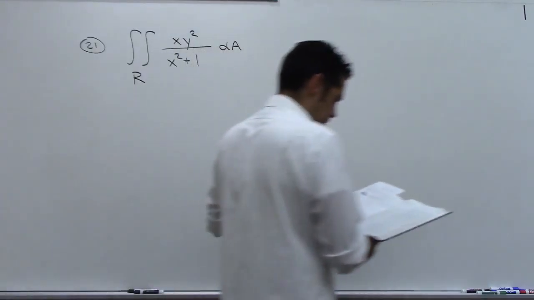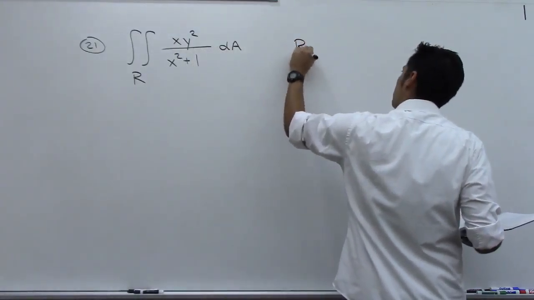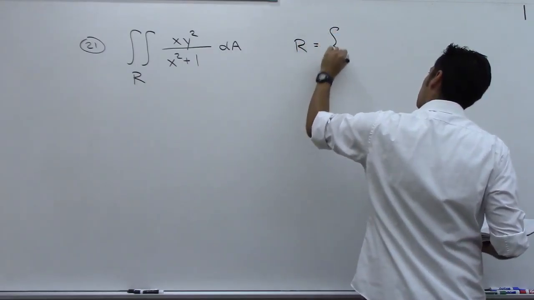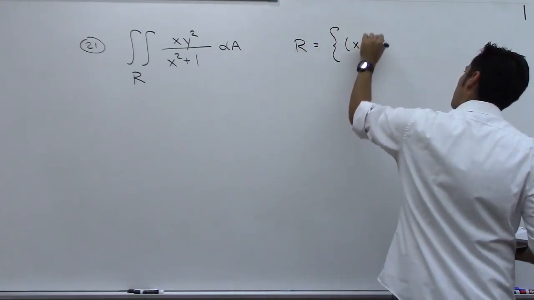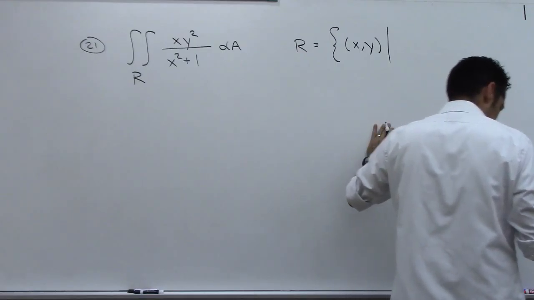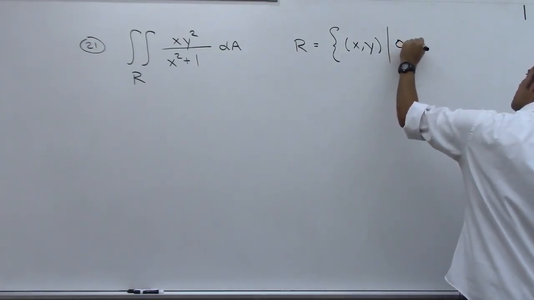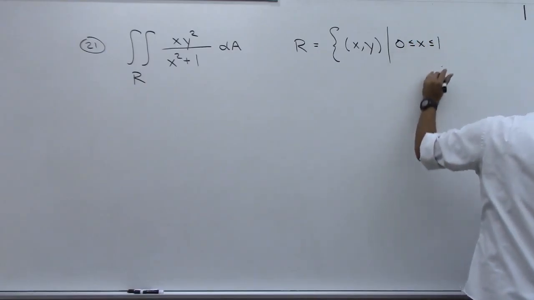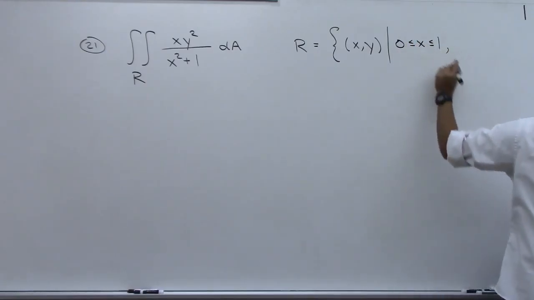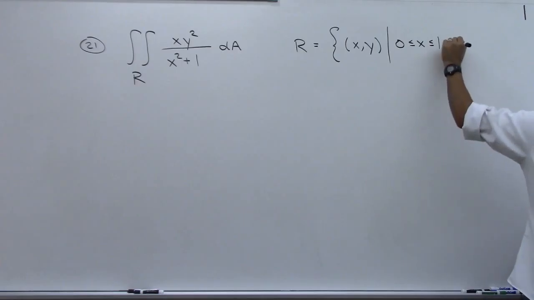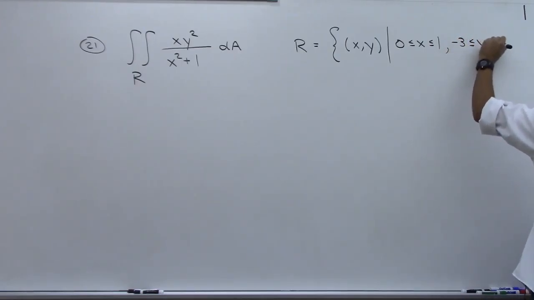I'll write it the way they have it here. R is equal to the set of all ordered pairs, so all points in two-dimensional space, such that 0 is less than or equal to x is less than or equal to 1, and, comma usually means and, -3 is less than or equal to y is less than or equal to 3.